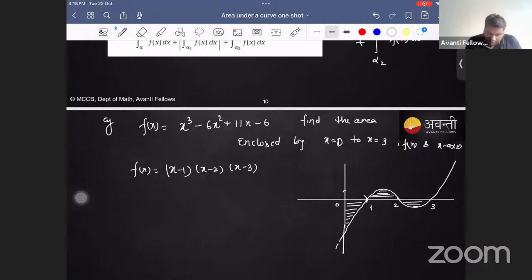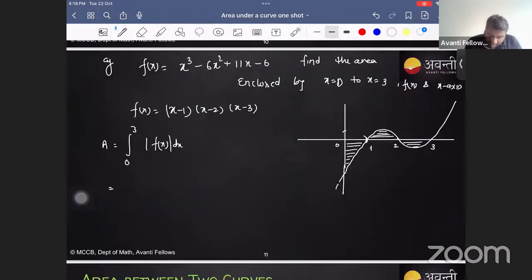Yes or no? So technically area should be integration 0 to 3 mod fx dx. But now see, between 0 to 1, this curve is negative. So you apply extra minus sign. So minus of x minus 1, x minus 2, x minus 3 dx.